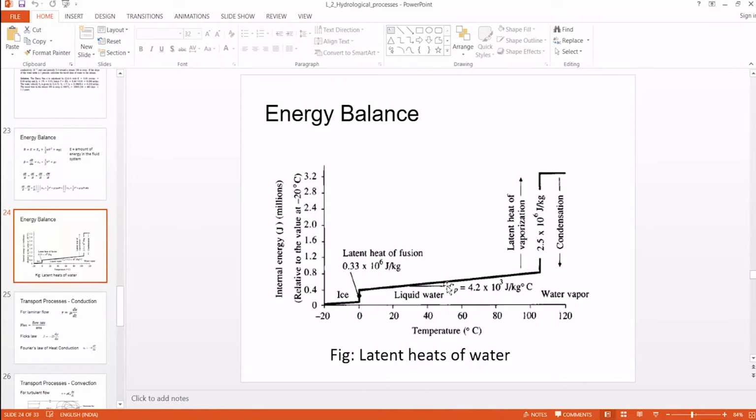Similarly, on land or in the oceans, when evaporation takes place, the water is at atmospheric temperature, but it takes energy from the sun, then it becomes vapor. The energy required for that is called the latent heat of vaporization, which is equal to 2.5 into 10 power 6 joule per kg.